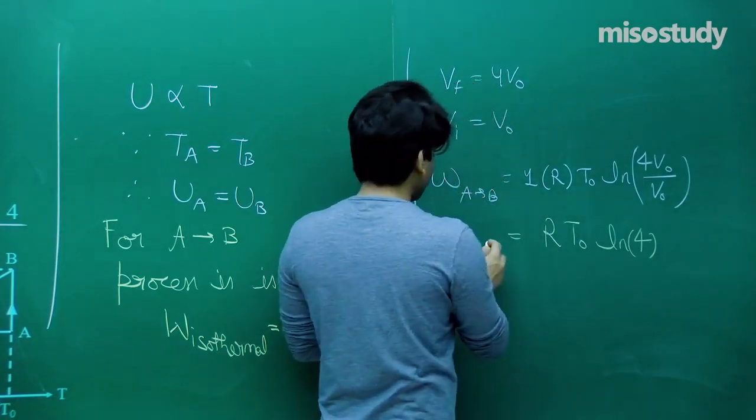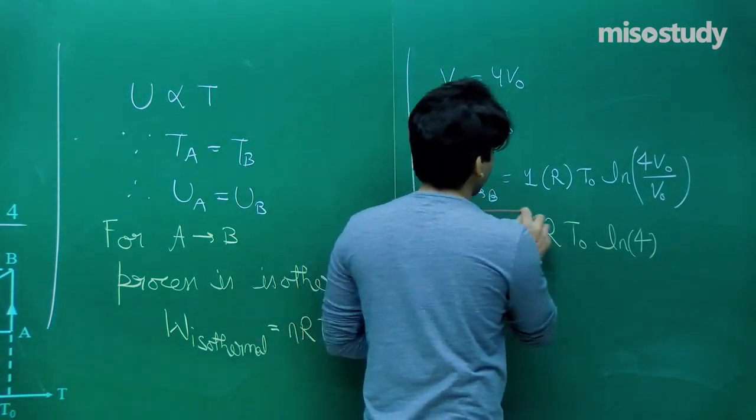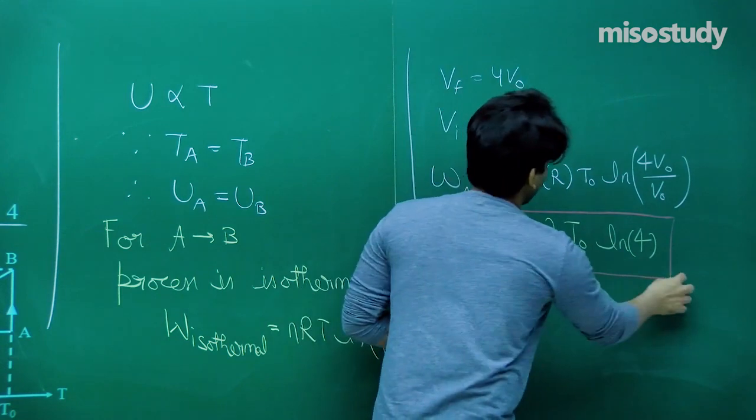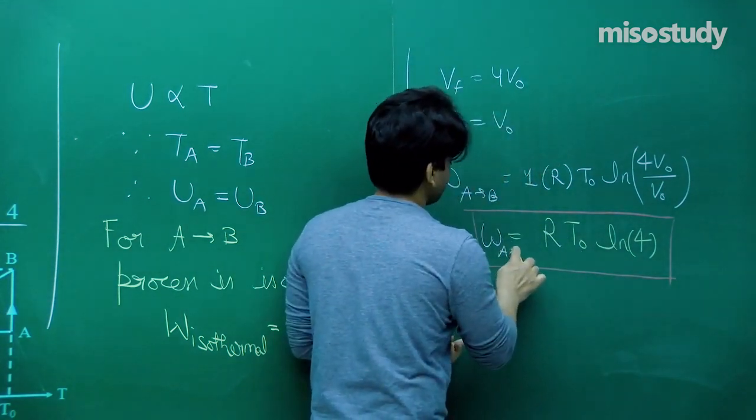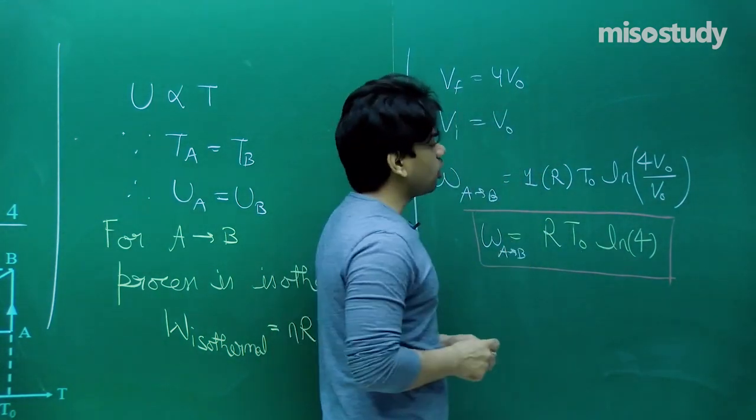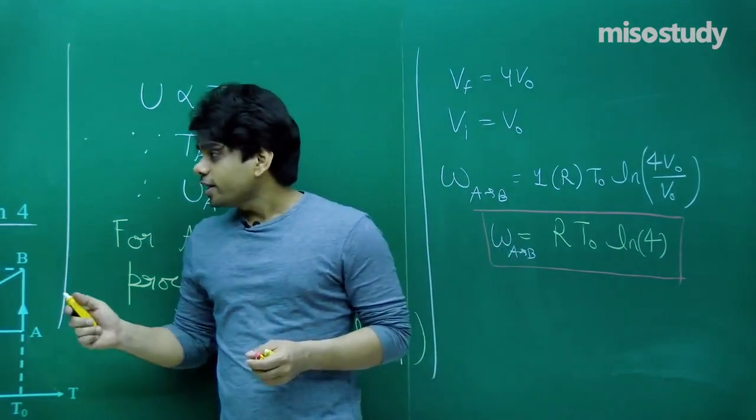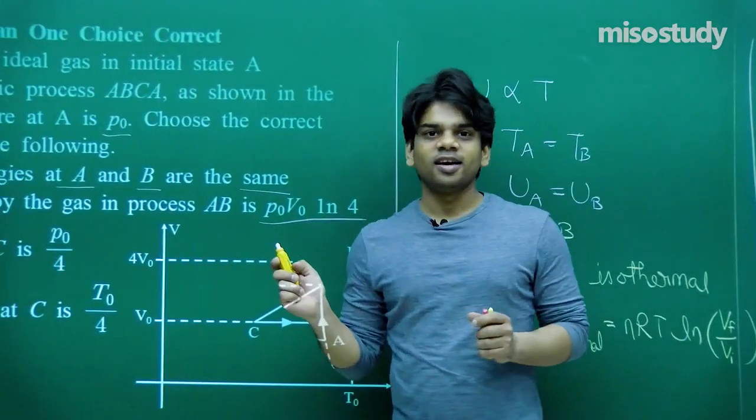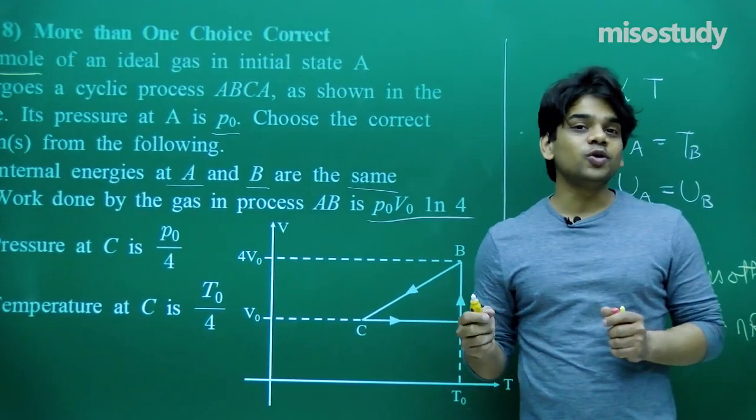Let us check with the given result. Work done we obtained for A to B is RT0 ln 4. Now nRT is equal to PV.